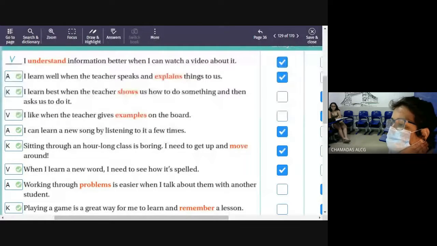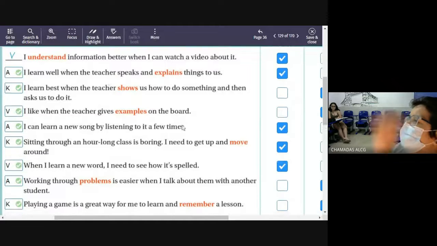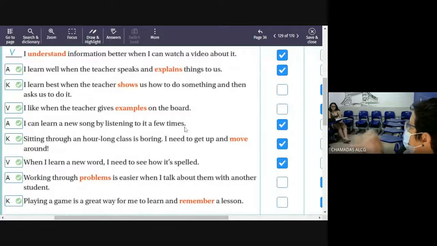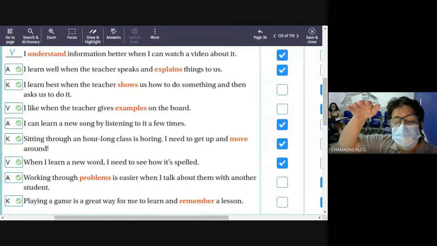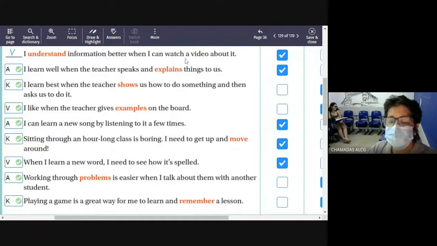Okay. Most of the time, guys, we are a balance of the 3 learning styles. Yeah. We are all auditory, kinesthetic, and visual. Sometimes one style is stronger than others, and we prefer that.